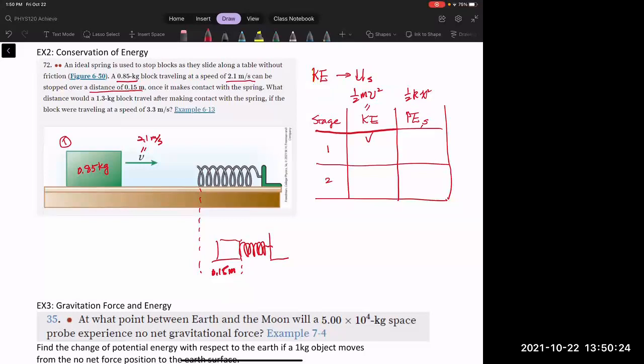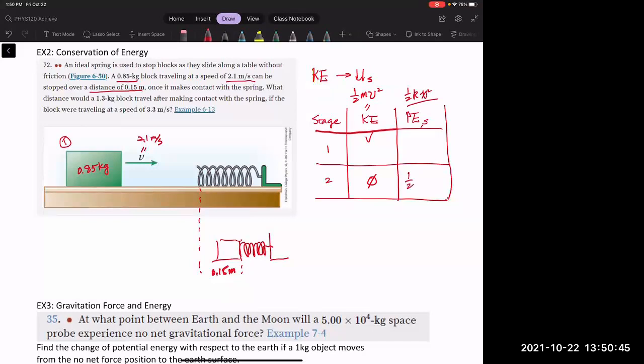When this block moves all the way down to the right, eventually it's going to stop. So when it stops, you don't have a kinetic energy. But do you have a potential energy due to the spring? The answer is yes, because this is the equation to get the force.